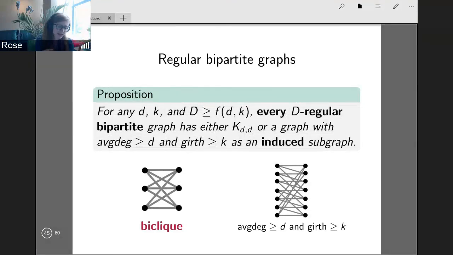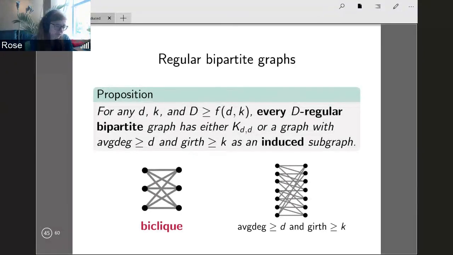And if you look at bicliques, the densest bipartite graphs, you can't get rid of all the 4-cycles. So what about the densest 4-cycle-free bipartite graphs? Can you get rid of all the 6-cycles in them? Those graphs are regular, and so this proposition does apply to them. This, I think, is the first piece of evidence.